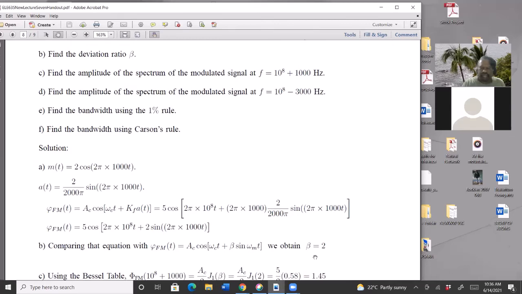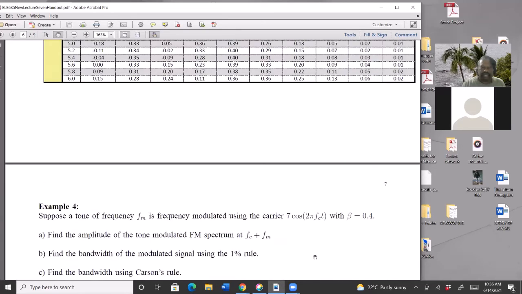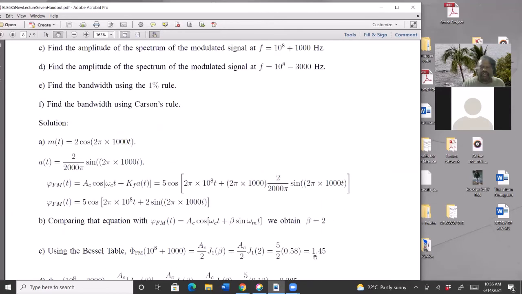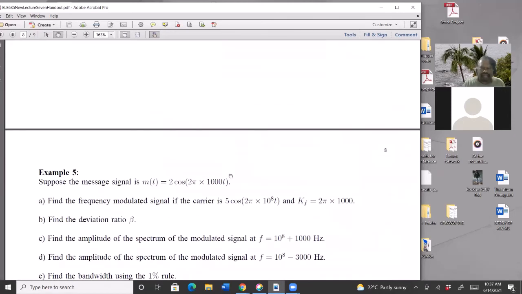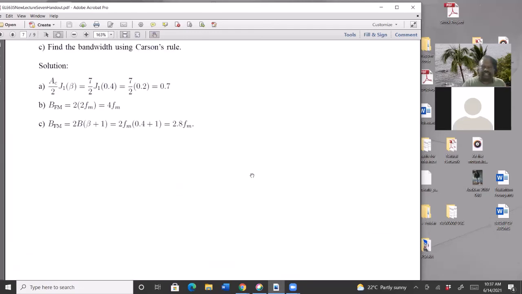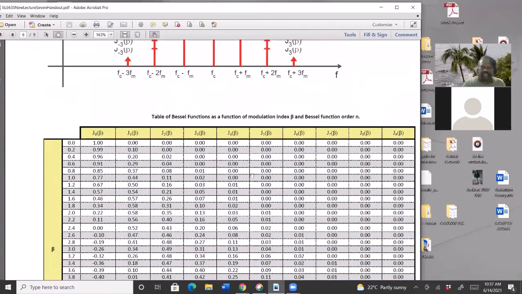So now I go to the Bessel table, and remember beta is 2, and they are asking the amplitude of the spectrum of the modulated signal at Fc plus Fm, because 1000 is Fm. So Fc plus Fm must be J1. Let me show you the diagram.